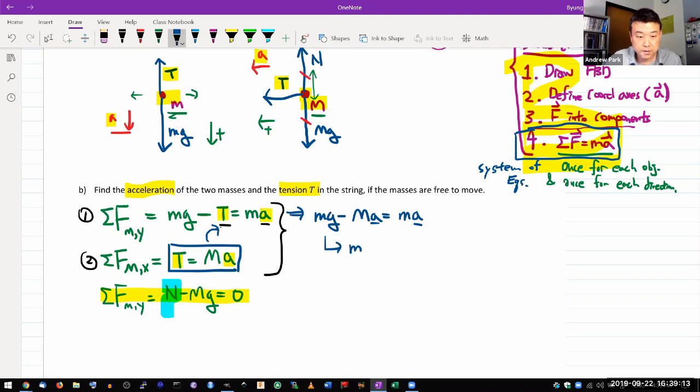That gives me mg is equal to ma plus big Ma. And the reason I collect like terms is so that I can factor out that a from the like terms. Now I can solve for a by dividing through by m plus big M. So acceleration is equal to mg divided by small m plus big M.